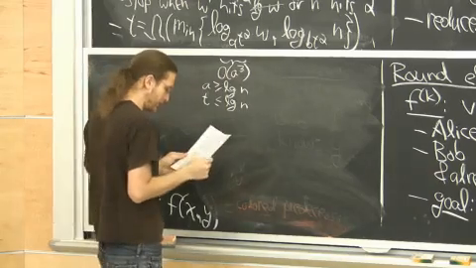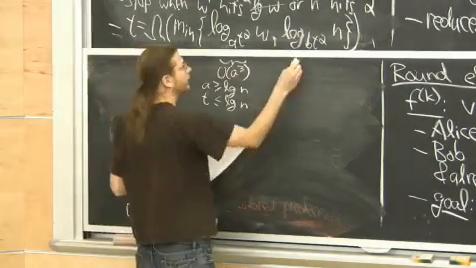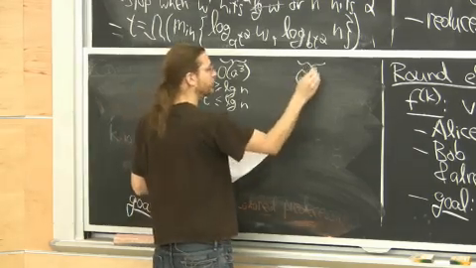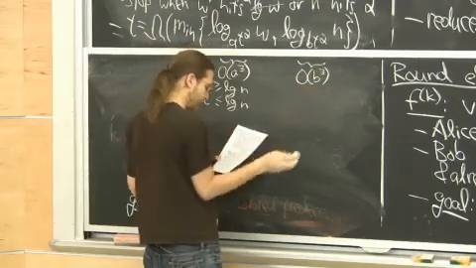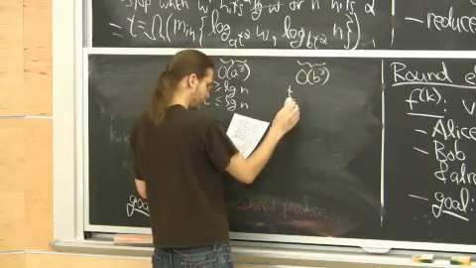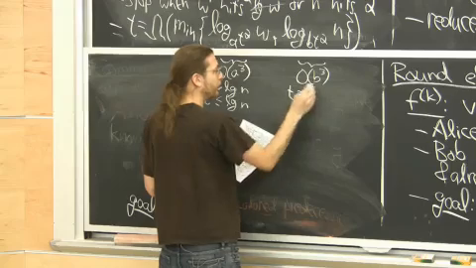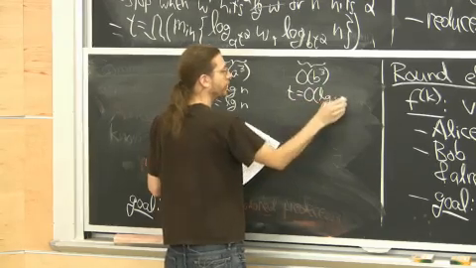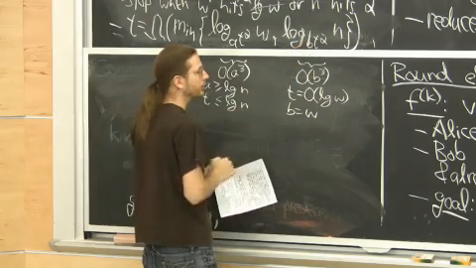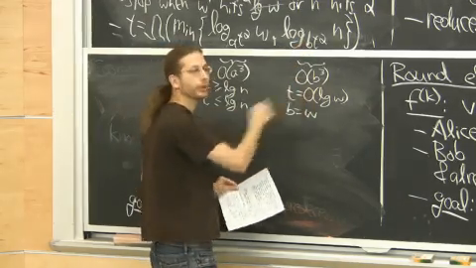On the other hand, this thing, bt squared, is order b cubed. Why? Because t is order log w. B is w. That's the definition of b. t is order log w because van Emde Boas exists.